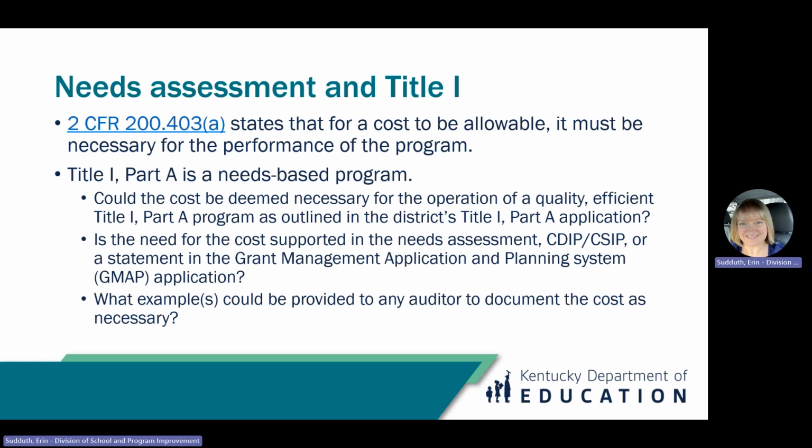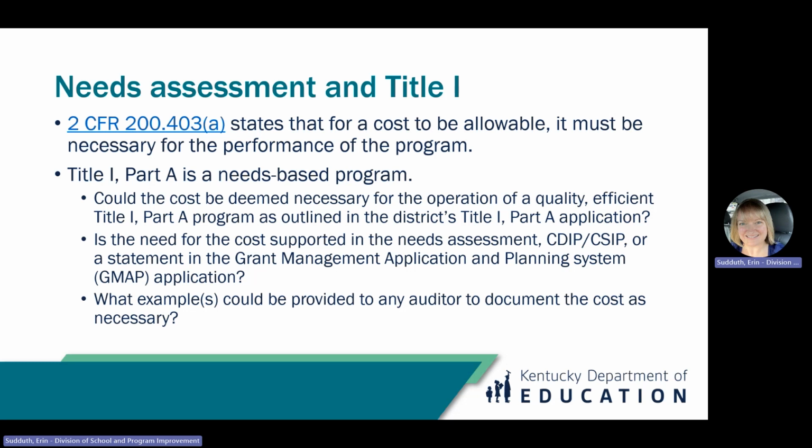Consider a school that has identified reading or literacy as a high priority need. When we look at that school's data, we should see evidence that the reading scores are below state averages. When we review the district's GMAP application, we wouldn't be surprised to see things like staff, for example, reading teachers or additional paraeducators to work with students in small groups.